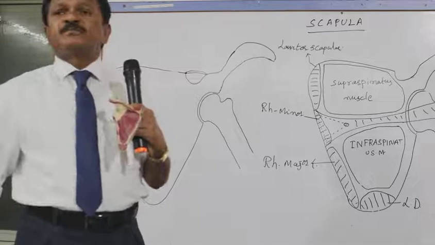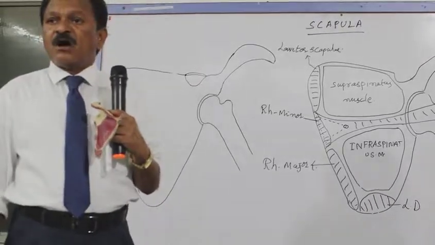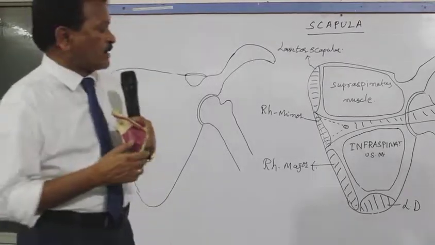In between these muscles there is the infraspinatus muscle. Origin takes place from the dorsal surface of the scapula.